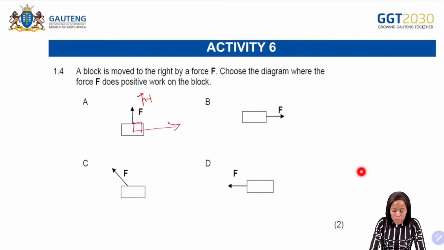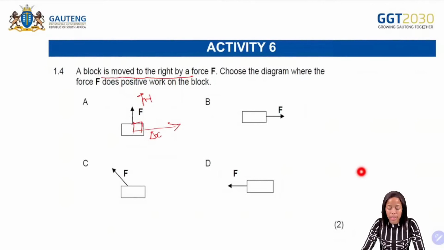Okay, so it's because it says a block is moved to the right. So if it's moving to the right, this will be your displacement. That will be your Fn there. So the angle between is cos 90. So we know that cos 90 will give us 0. So it will not do positive work.